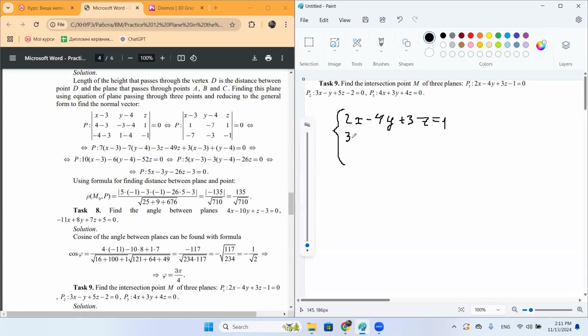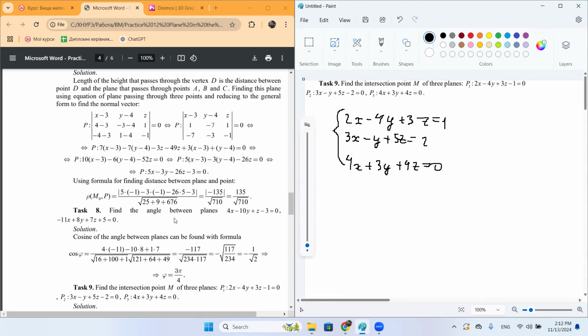So who can suggest? Yeah, we could use matrices, I think. So matrices, yeah, and which method related to matrices? Maybe Gaussian elimination method. Okay, yeah, let's go with Gaussian elimination.